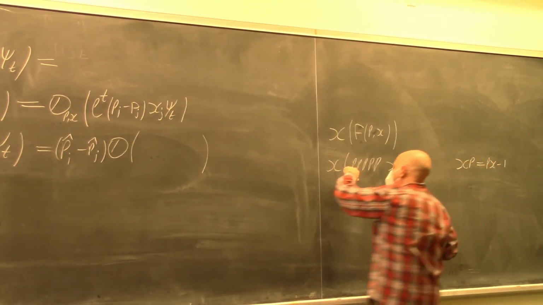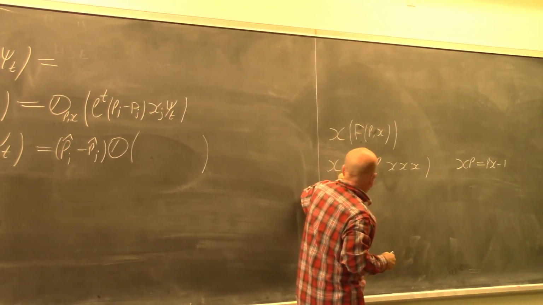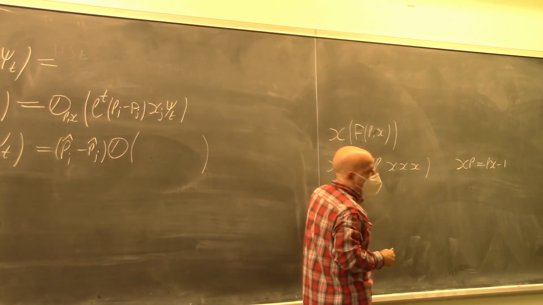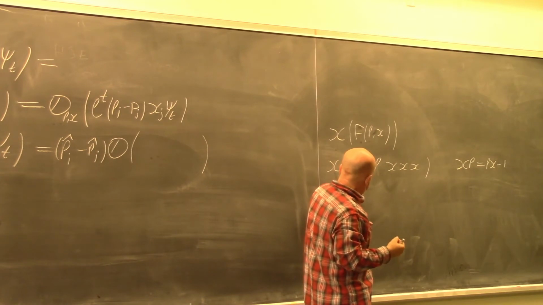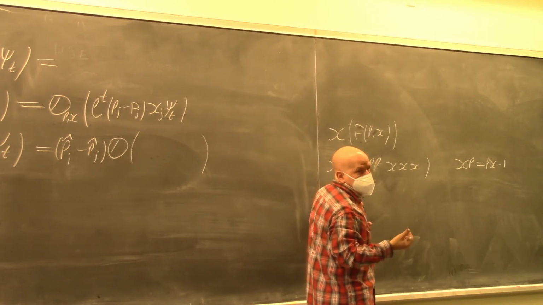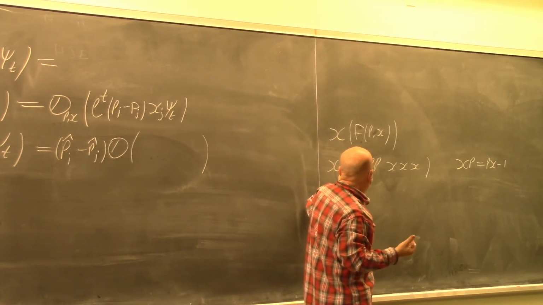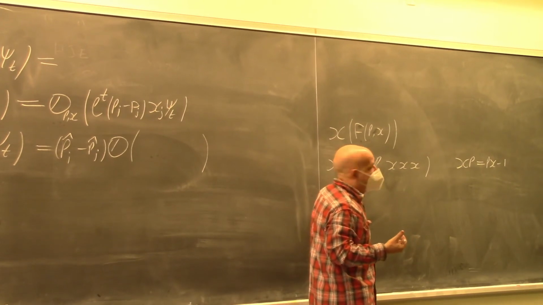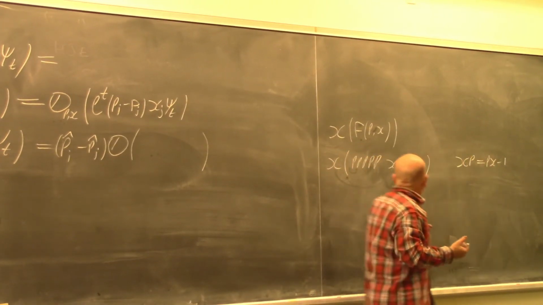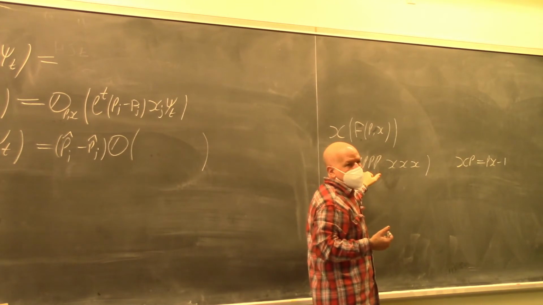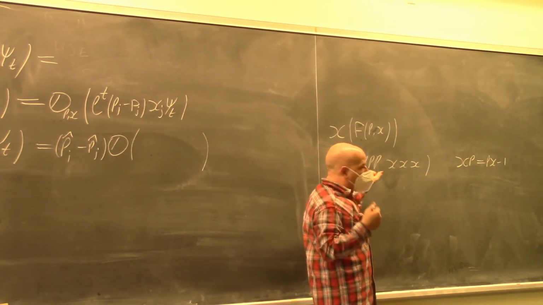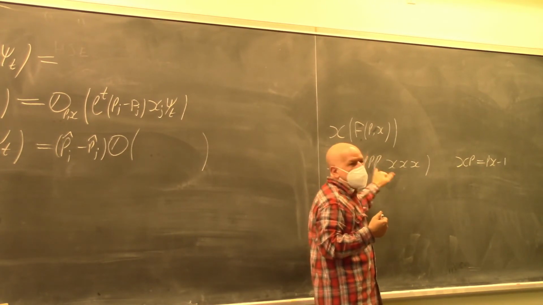So every time I commute an x across a p, I get two contributions. One contribution is, well, x moves to the other side. That's this one. And the other contribution is a negative 1. If I got the negative 1, the result is already ordered.